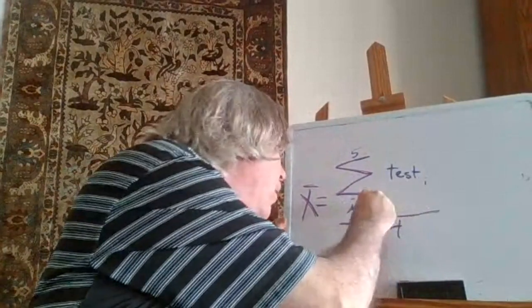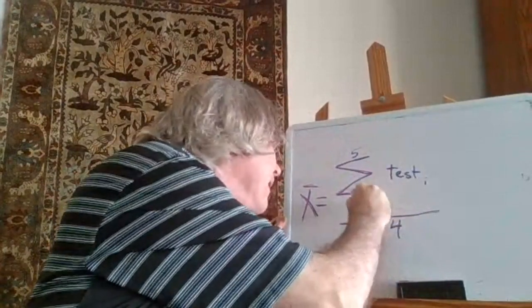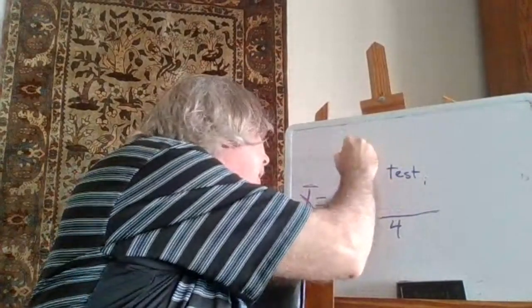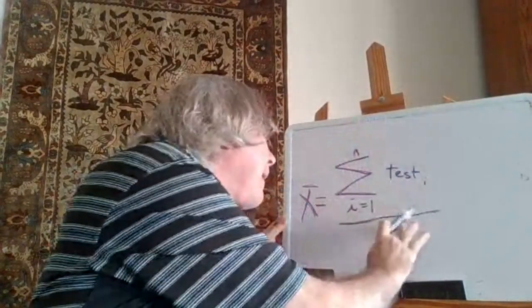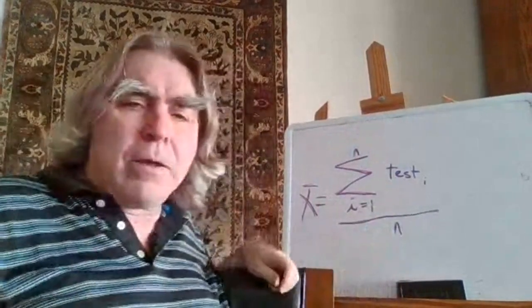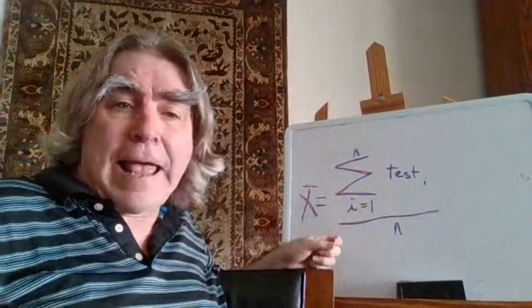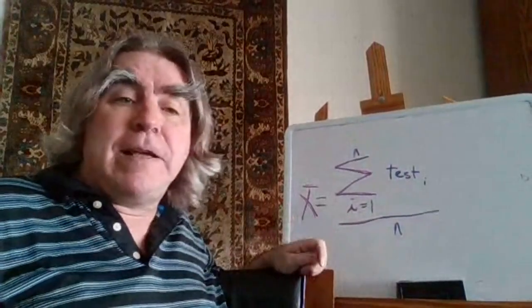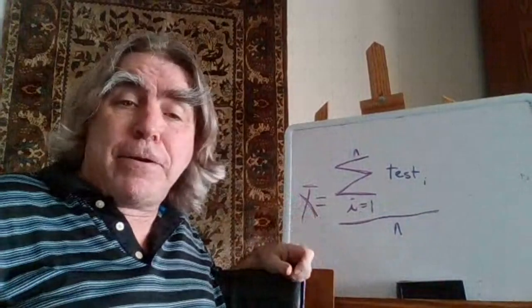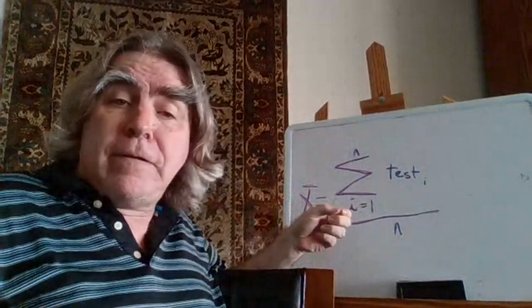Now, what if I don't know how many tests I'm going to give? I can create another letter, N, which basically is the number of tests that we're going to have. What's the average?